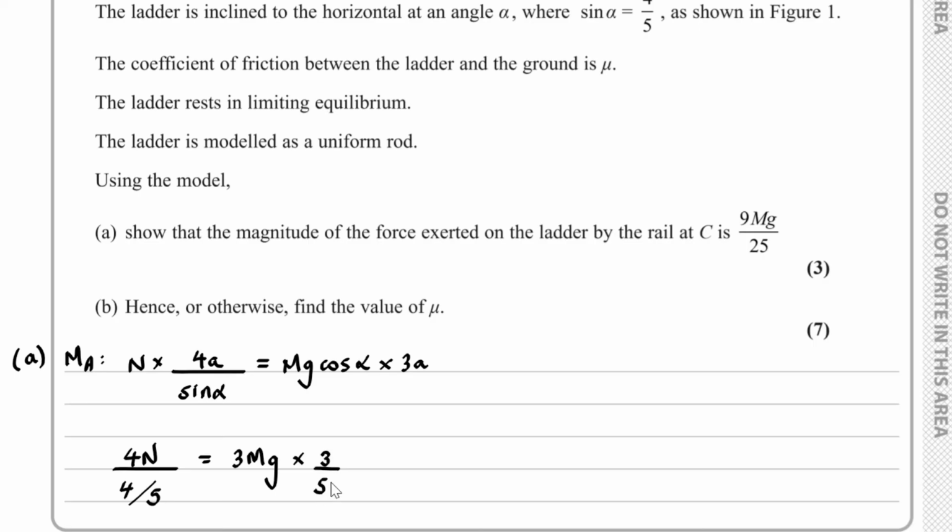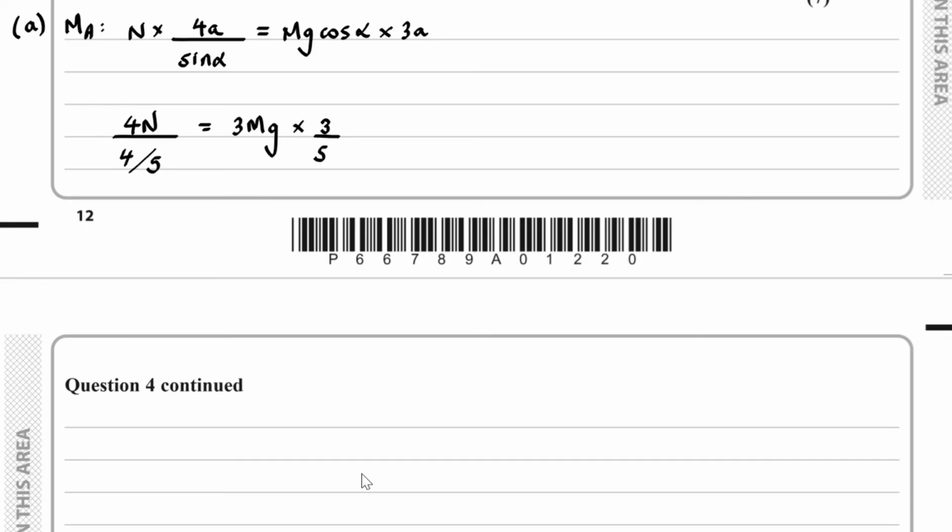Simplifying, 4 divided by 4/5 is 5. So we have 5N equal to 9mg over 5, and therefore N is equal to 9mg over 25.